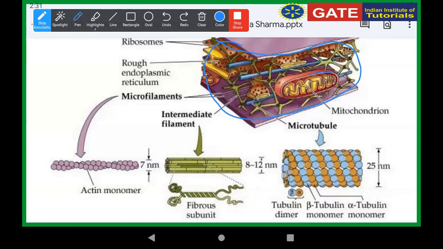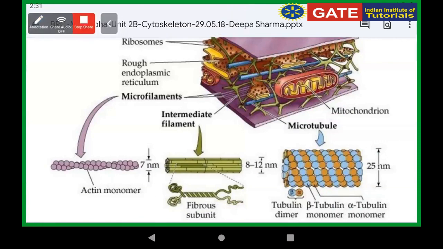Some are attached to the cell organelles, some are present towards the cell membrane, some are present towards the cell center, right? Different cell organelles are situated in different positions, and these are supported by the microtubules, microfilaments, and intermediate filaments. Alpha and beta tubulin will explain.